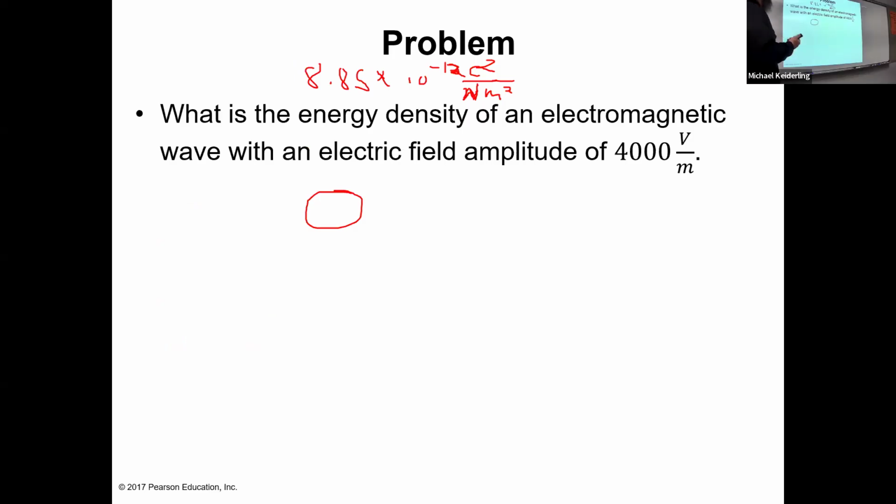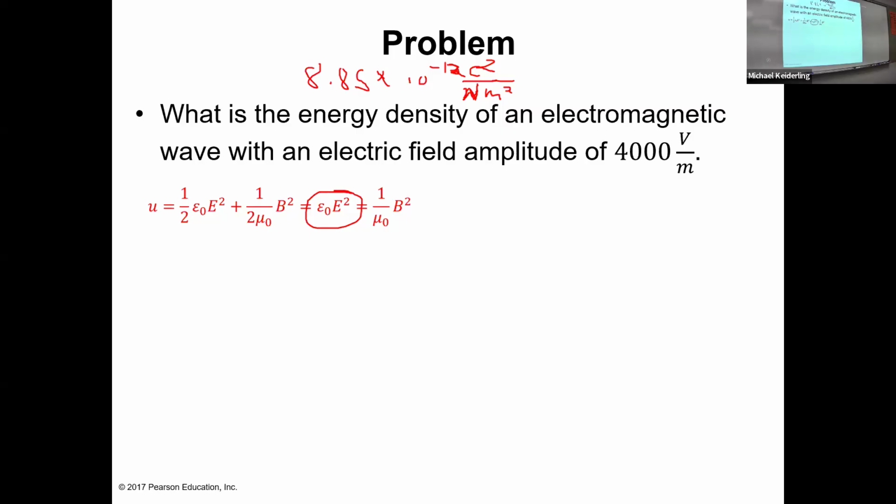What is the energy density of an electromagnetic wave with an electric field amplitude of 4,000 volts per meter? Epsilon naught is 8.85 times 10 to the minus 12 coulomb squared over Newton meter squared. So energy density is 1/2 epsilon naught E squared plus 1/2 over mu naught B squared, or epsilon naught E squared.